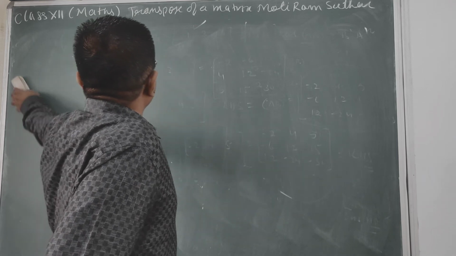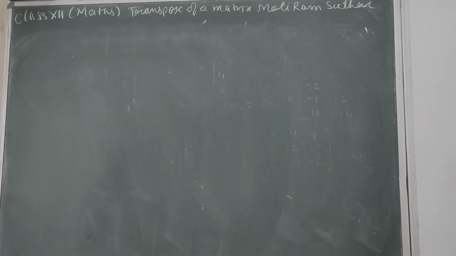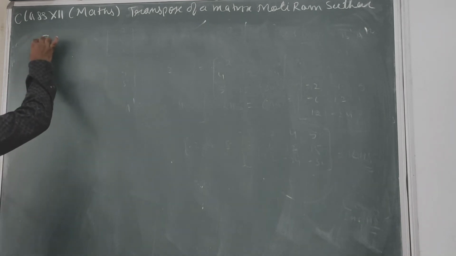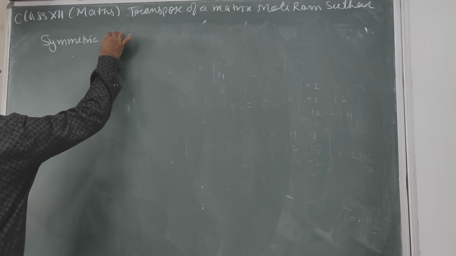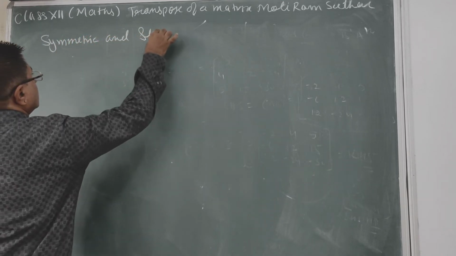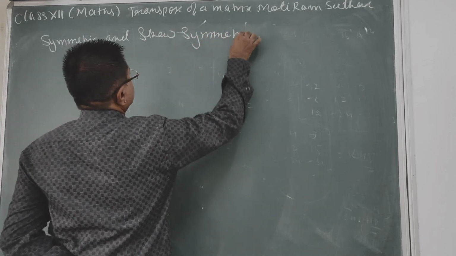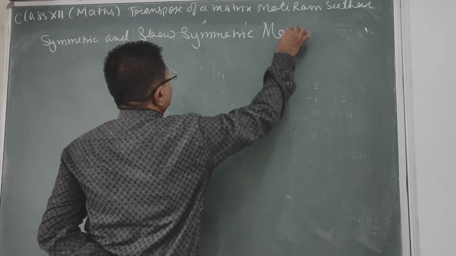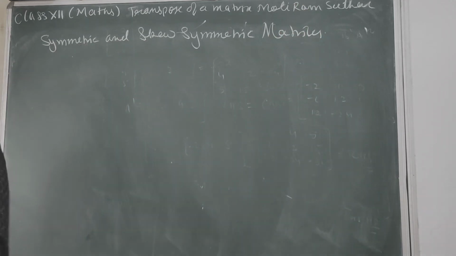Now that are called as symmetric and skew-symmetric matrices. So what is the meaning of symmetric and skew-symmetric matrices, that we have to see with the help of definition.